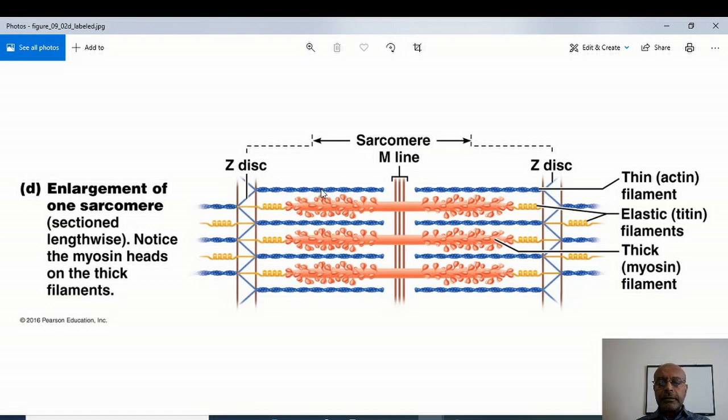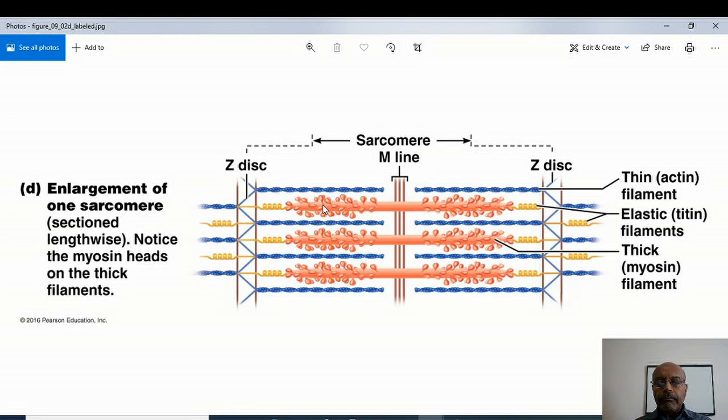So a sarcomere consists of interlaced thin and thick myofilaments like this. Do you notice that they are interlaced like this?